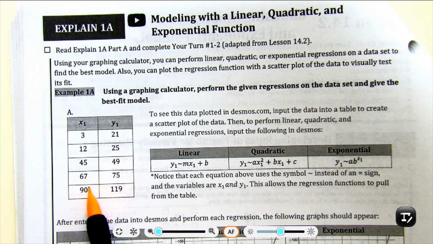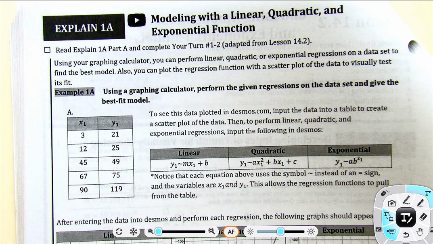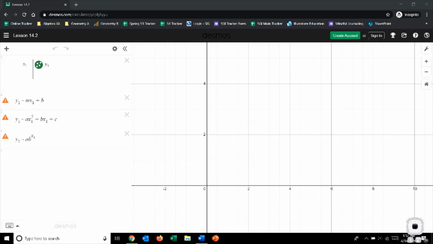So let's get started. I'm going to switch to Desmos, and I'm going to type this data in. When you click on the link, this is what you should see. You should see a table, and then you should see these. This is the linear, this is the quadratic, and this is the exponential. So we're going to start here just by typing in the data.